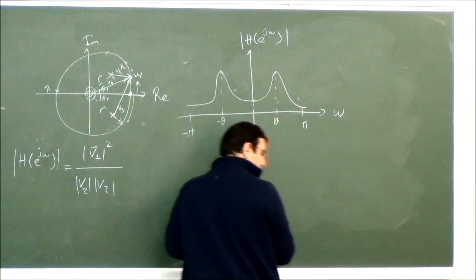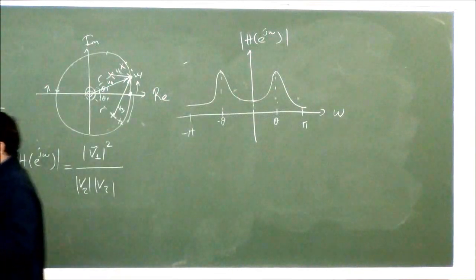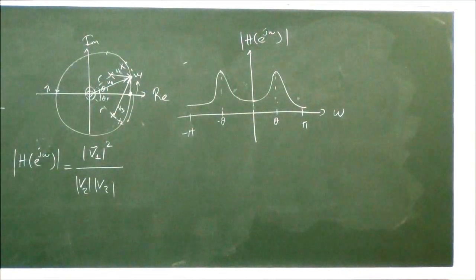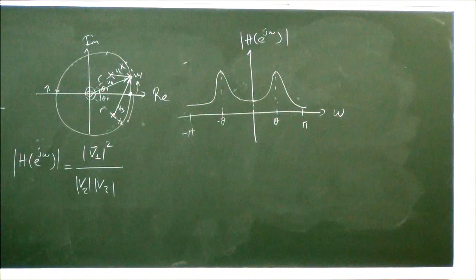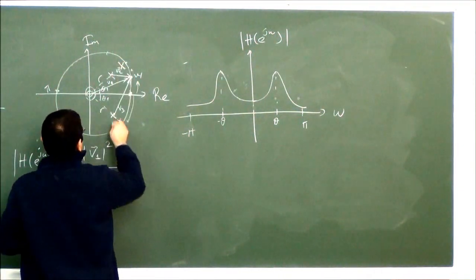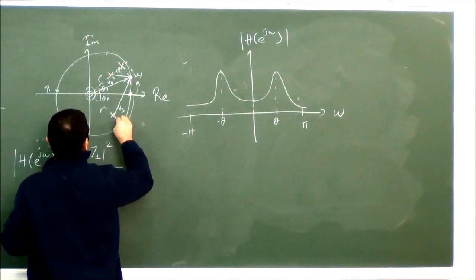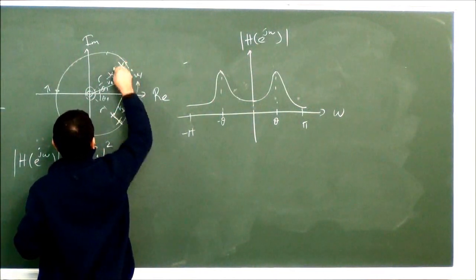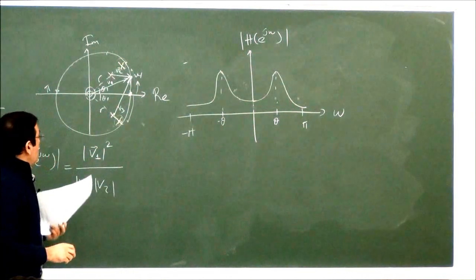If you increase the r, so if you make these poles close to the unit circle, let's say you move these poles close to the unit circle, the green ones, so you change the position of these poles.